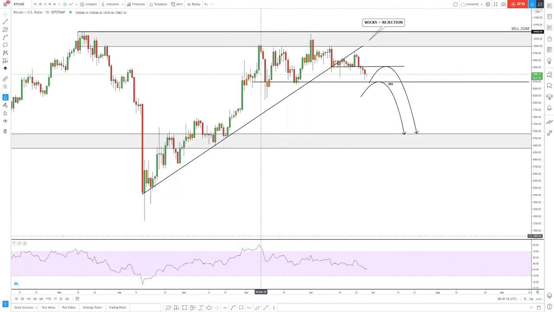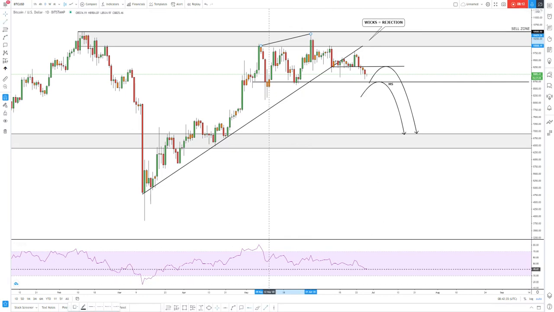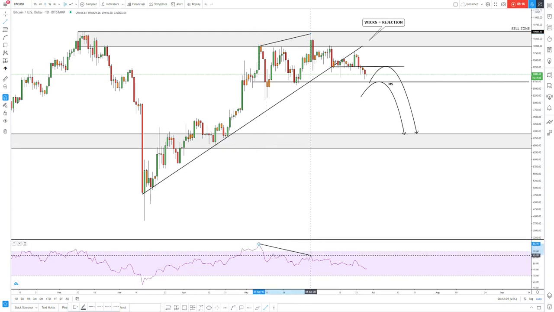Putting my RSI on the chart, we can see price go overbought here at this area of structure, and it created a divergence, a bearish divergence to be precise. And to me, it hasn't played out at all.